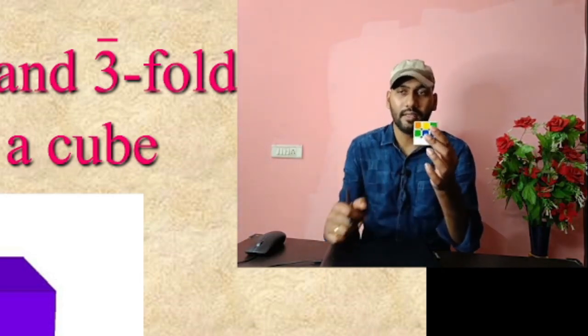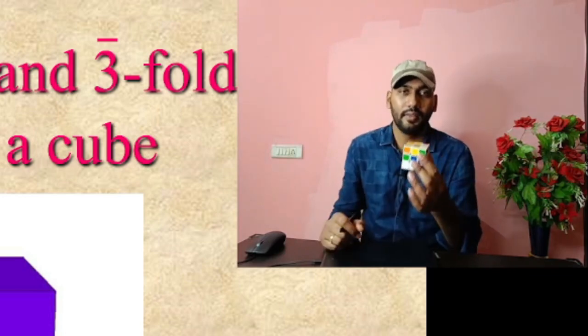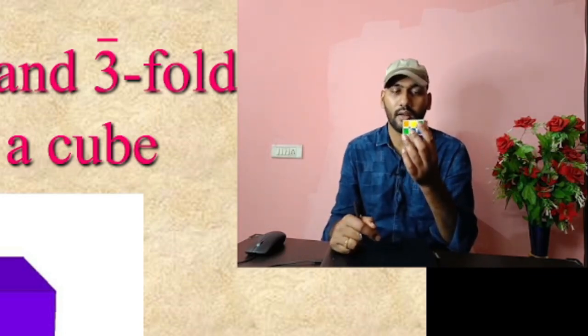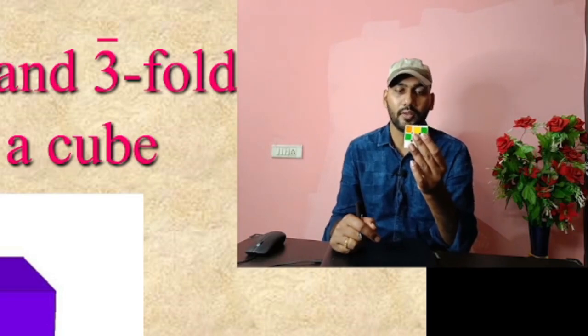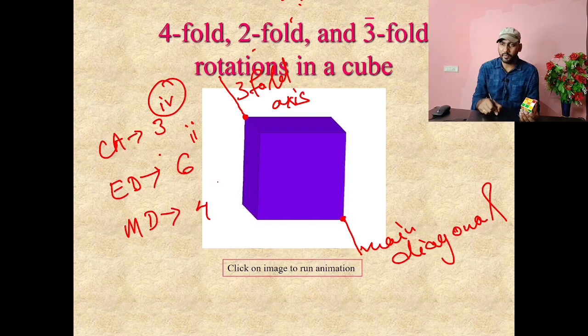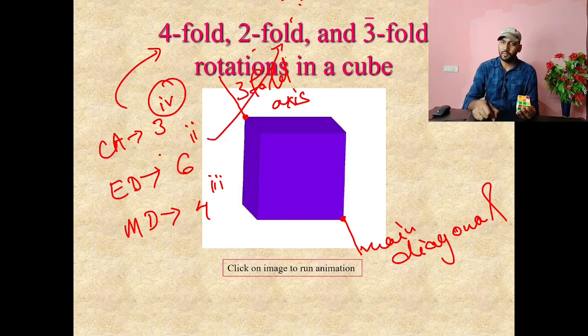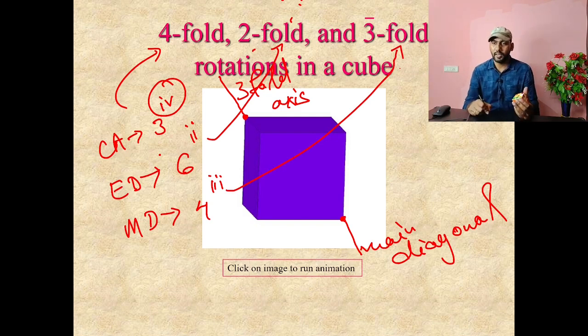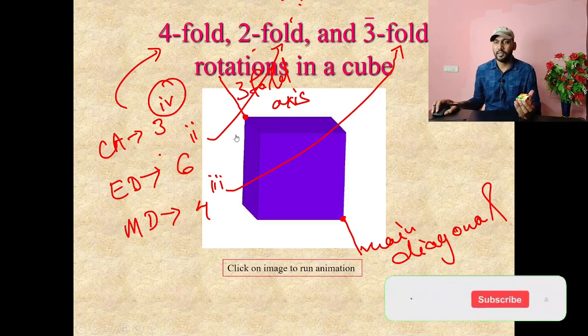We have 8 corners, or solid angles, 1 to 8, and joining opposite corners gives the main diagonals. So we have 4 main diagonals, which show threefold rotational symmetry. Okay, 3 crystallographic axes of fourfold, 6 edge diagonals of twofold, and 4 main diagonals of threefold. These are the examples of rotational symmetry in a cube.